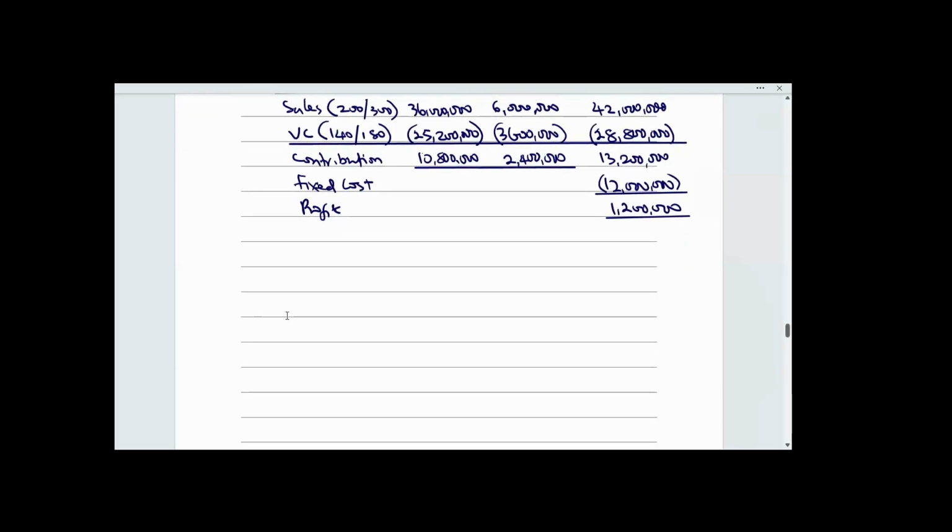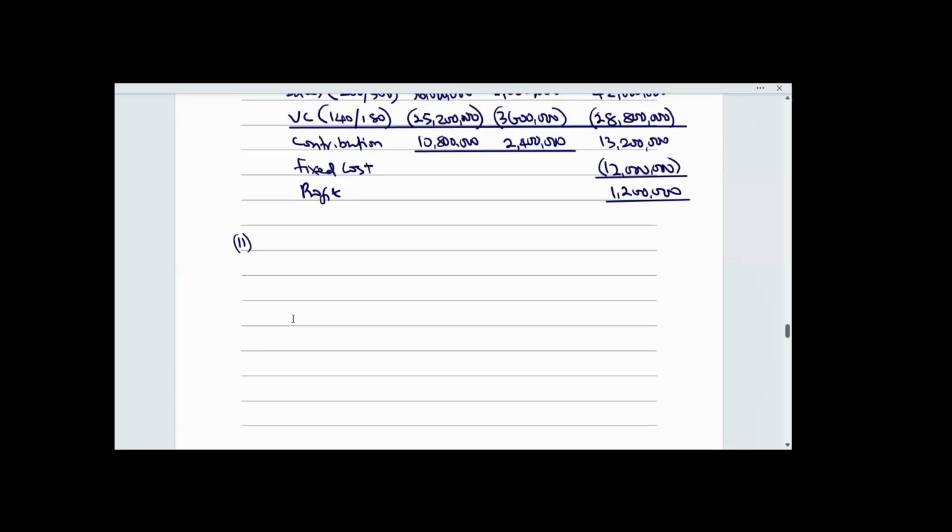Now, the second part of requirement number C, you have to calculate break-even points in units. You then carry out the 5 procedure again. Under this, the first step is to calculate the overall contribution margin ratio.